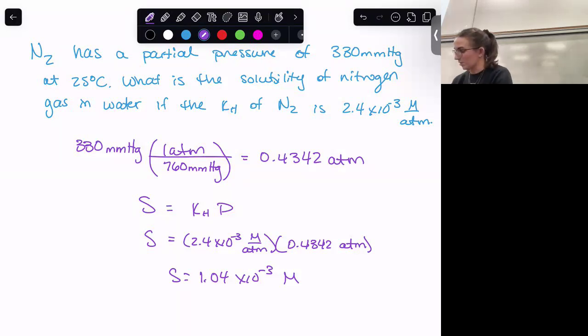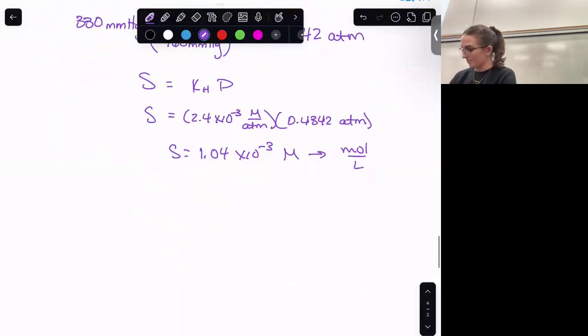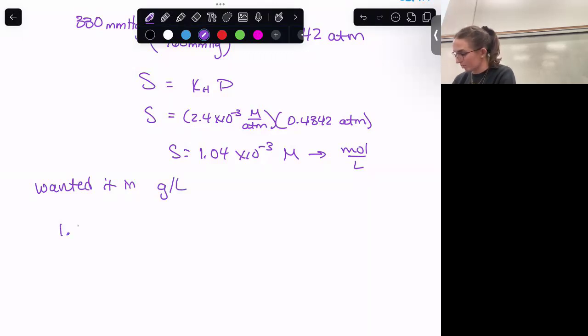We know that M is also moles over liter. So if I wanted it in grams per liter, I need 1.04 times 10 to the negative 3 moles over liter, and I'm going to use the molar mass of nitrogen.